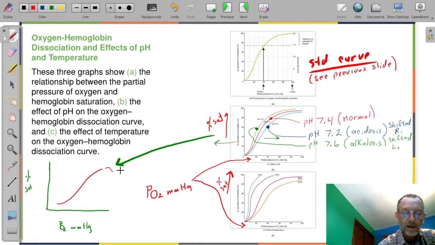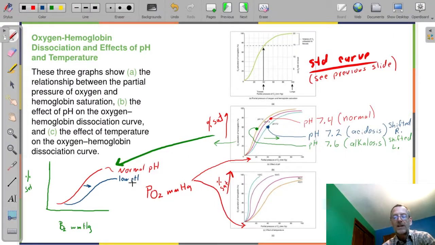So let's call this one normal, and this is normal pH. And then for comparison, let's look at the blue line for acidosis. Well, it shifted to the right. So draw the line maybe something like that. So this is low pH.